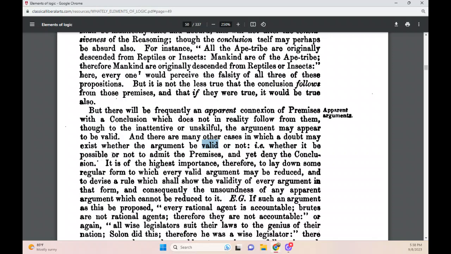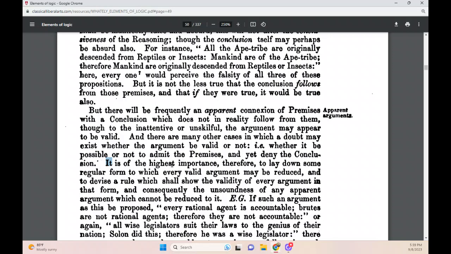If we have an apparent syllogism, it looks like a syllogism, but on careful examination we find that it's not really a syllogism. It may be possible to admit that both of the premises are true, but the conclusion does not follow necessarily from them.